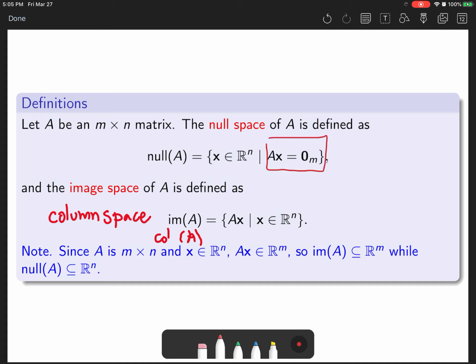The vectors in the null space are all of the vectors x that get mapped to the 0 vector under the linear transformation A. So yeah, it's the set of all the vectors that get squished down to the 0 vector.